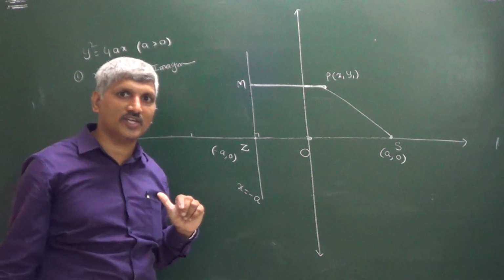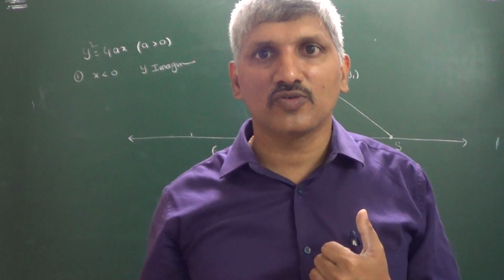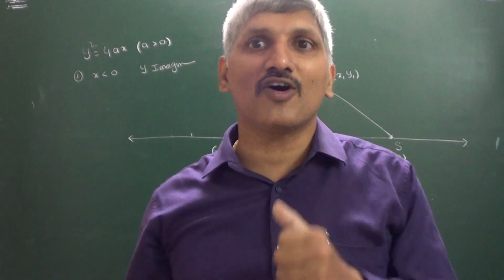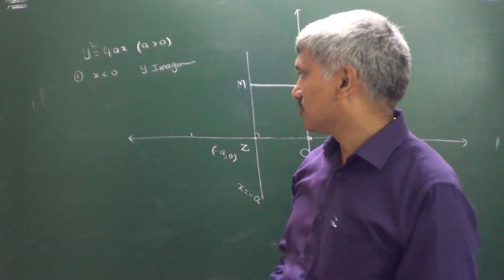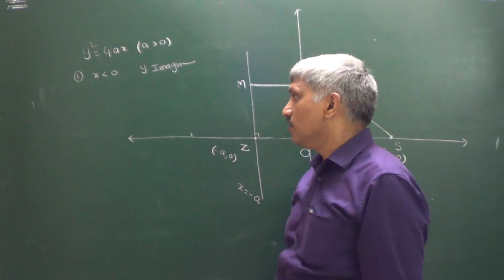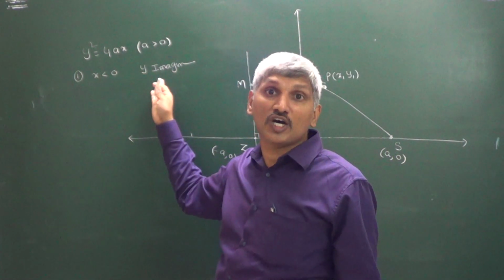So what is the meaning of that? From the parabola y square is equal to 4ax, I am going to draw the graph of the curve. So, curve tracing. You can observe for x values negative, y values are imaginary.